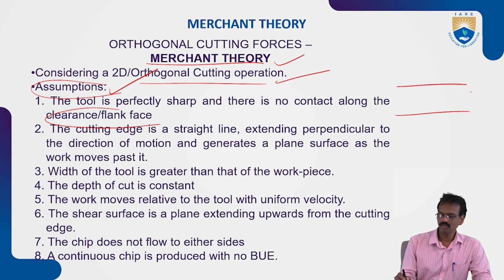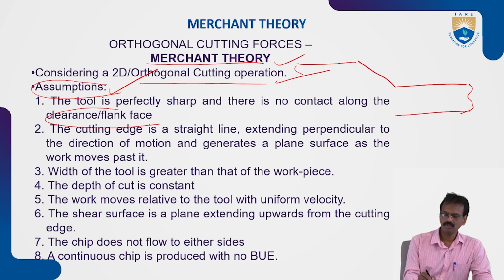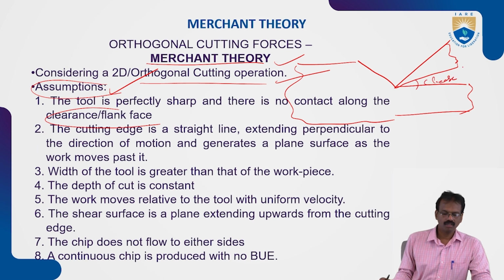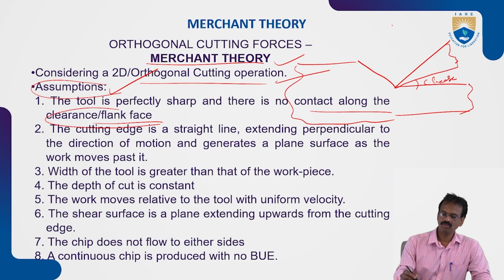This one is the tool bit, workpiece, shear surface, workpiece. This is the clearance, so there is no contact along the clearance or flank face. This one shows the chip.